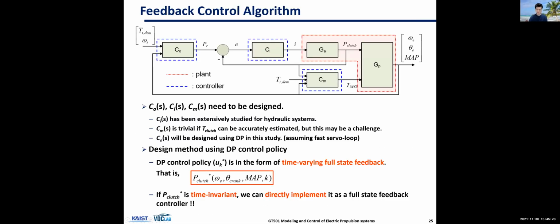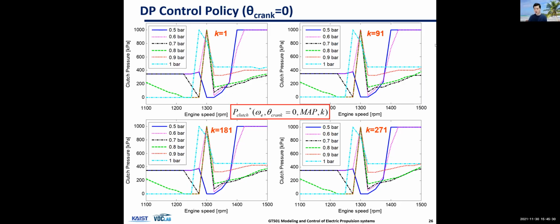And here, this is the policy itself, meaning the output is clutch pressure as a function of engine speed, manifold pressure, and time step K. You can see that with a different time step K, the policy doesn't change, right?